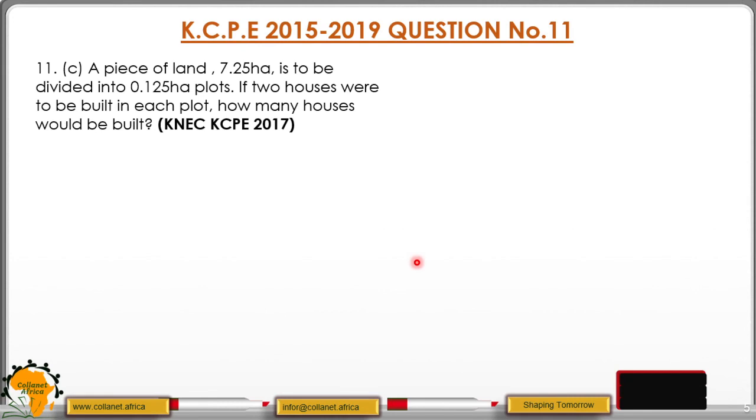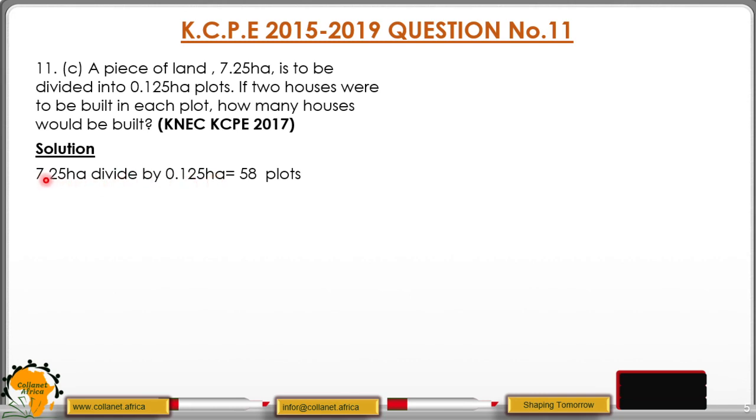Then we move on to what was tested in 2017. A piece of land, 7.25 hectares, is to be divided into 0.125 hectares plots. If 2 houses were to be built in each plot, how many houses will be built? So meaning the solution here, you have the whole piece of land being divided into this.